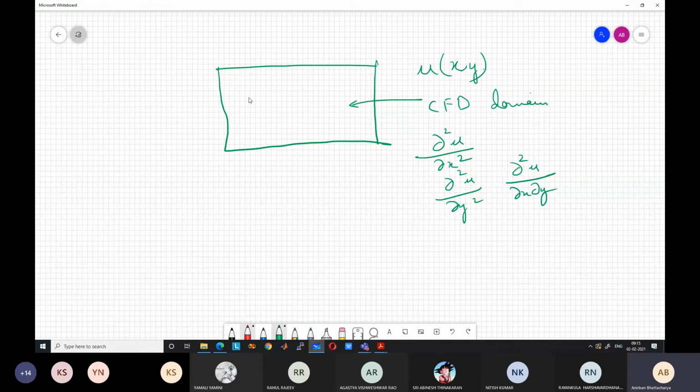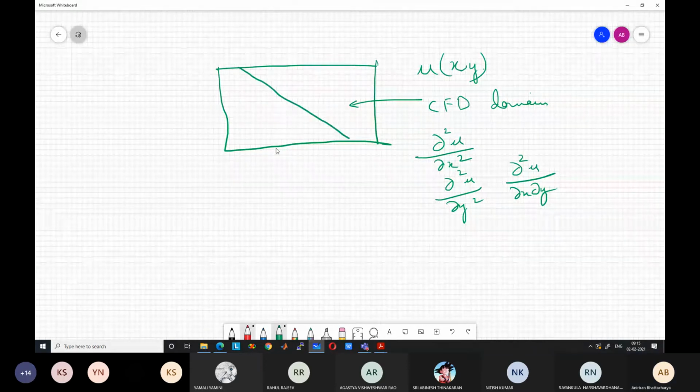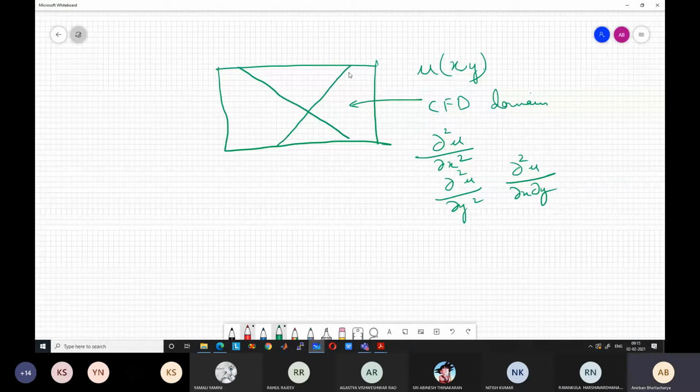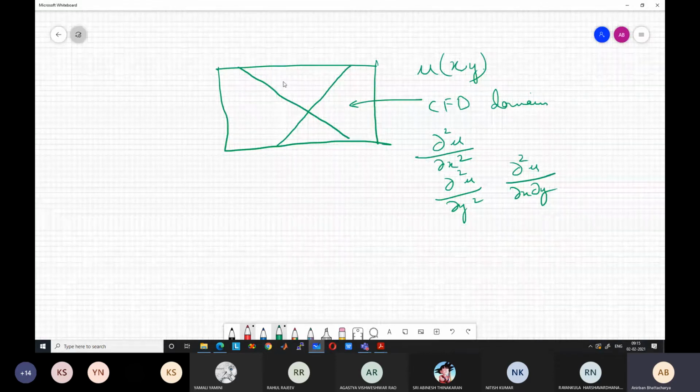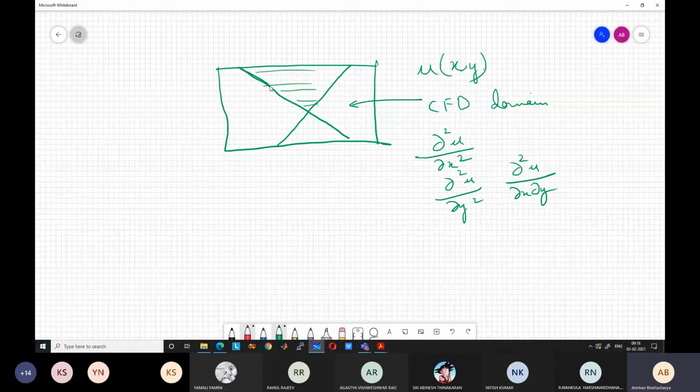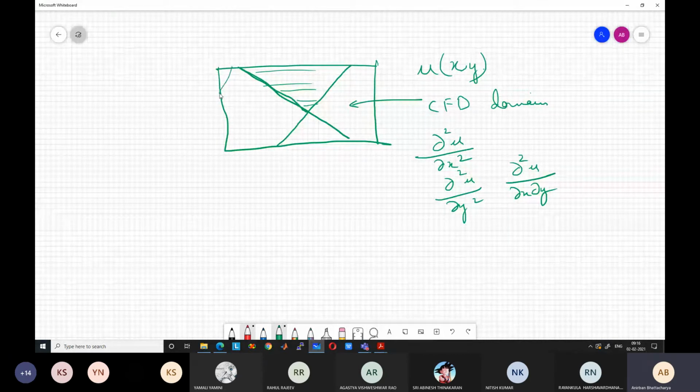However, there are some lines. Okay, for example, there can be lines like this. Okay. So along these lines, these derivatives do not have any value, means they do not have any solution, or there is a jump across these lines. Okay. So there may be certain value of ∂²u/∂x² within this region, and then suddenly there is a jump on this line, and outside there is another type of value.